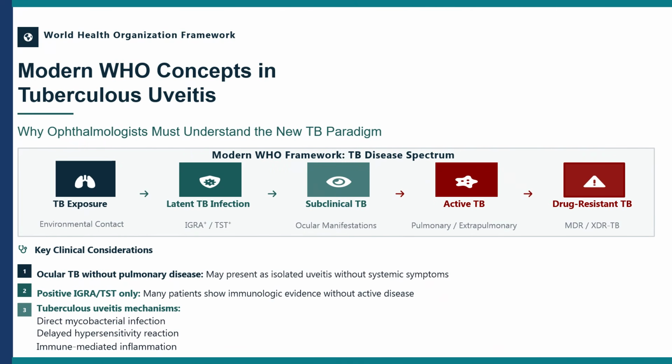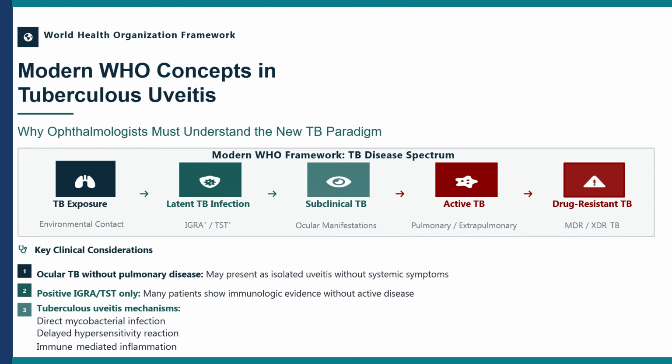Now, as you know, the modern concept as defined by the WHO is that tuberculosis is not just a latent or active and inactive disease. It is a broad spectrum ranging from the initial exposure to the disease. Some people, just on exposure to tuberculosis, need special care and treatment. Then some people become latent.